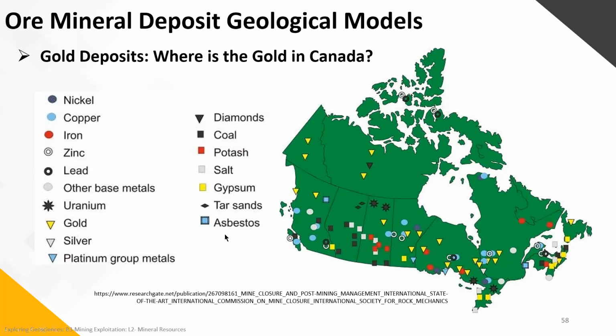And we see the distributions of the other metals such as nickel, copper, iron, zinc, lead, uranium, gold, silver, platinum groups, diamonds, coal, potash, salt, gypsum, tar sands, and asbestos. So mainly within our Abitibi area, we have gold and copper.